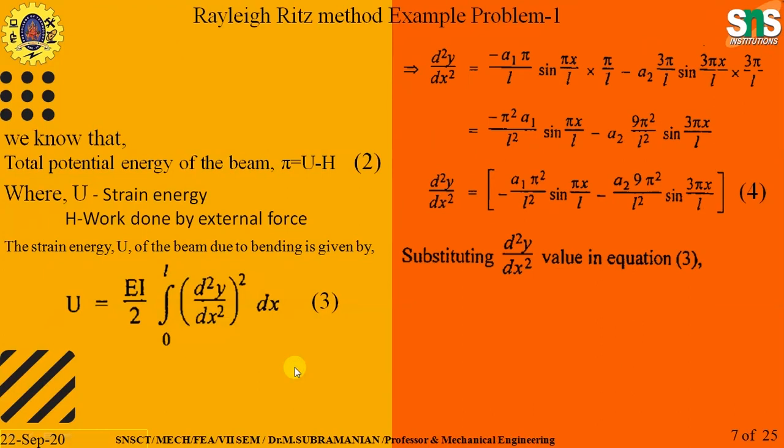The next step: we simplify the above term. So d²y/dx² equals minus a1 π²/L² sin(πx/L) minus a2 9π²/L² sin(3πx/L). We substitute this d²y into equation number 3.